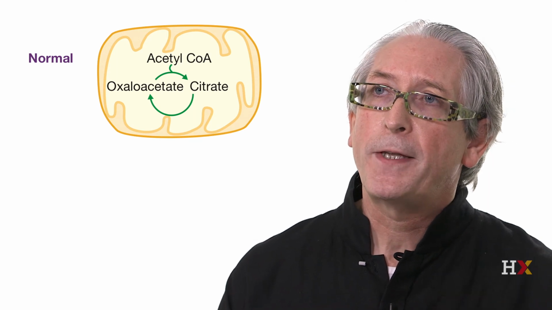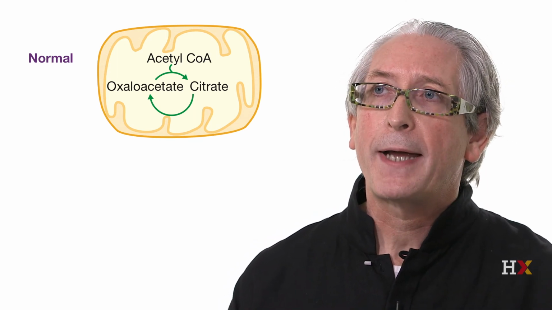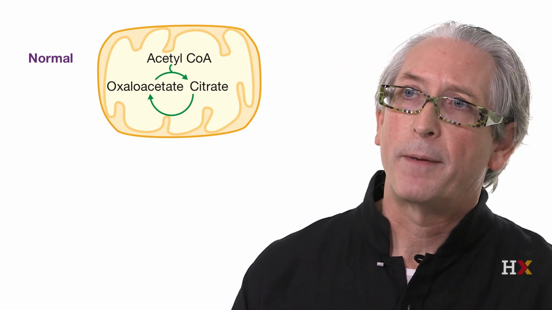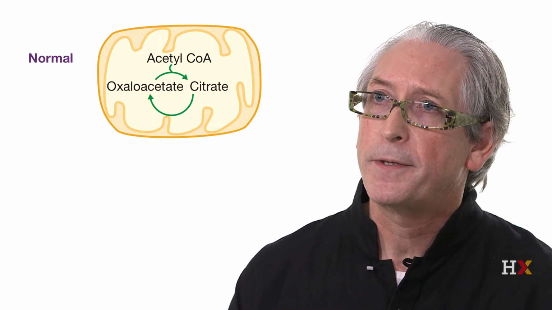So now, what is the fate of acetyl coenzyme A produced by beta oxidation? We've already discussed the fate under normal conditions. Acetyl coenzyme A feeds the citric acid cycle by reacting with oxaloacetate to produce citrate. Acetyl coenzyme A will thus contribute to ATP synthesis.